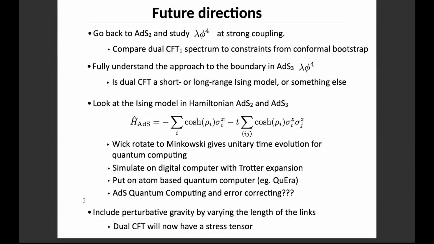And so by adding fluctuations, by varying the links, you're creating, I'll call them gravitons, but you're creating perturbative gravity, right? And so what this means in CFT speak is that the CFT on the boundary will now have a stress tensor that corresponds to the gravitons in the interior. But nonetheless, that's more of an aspirational goal.